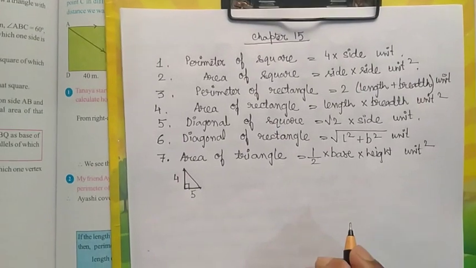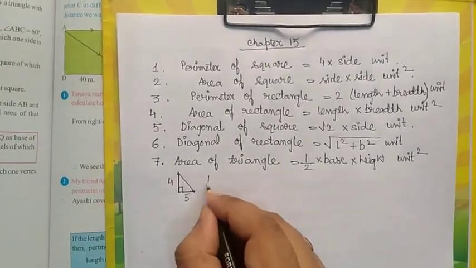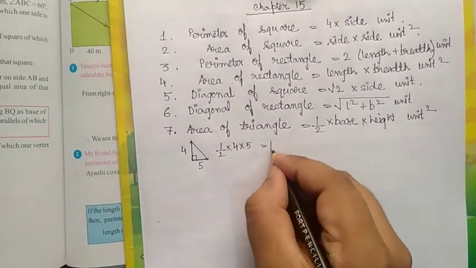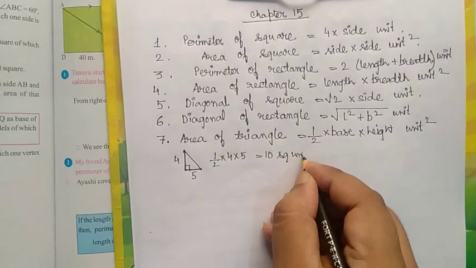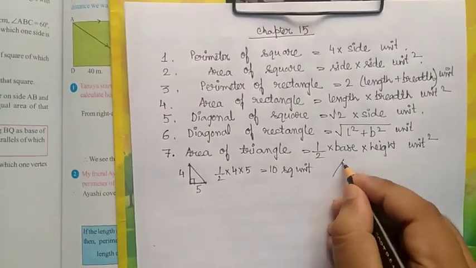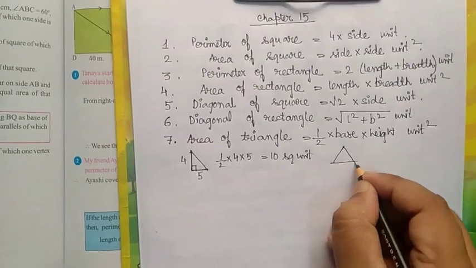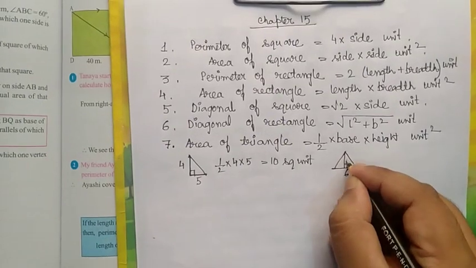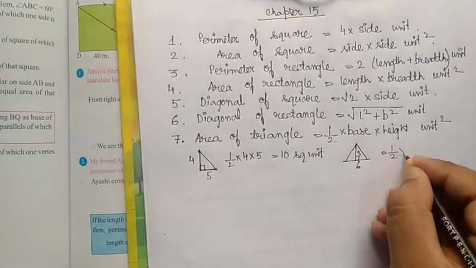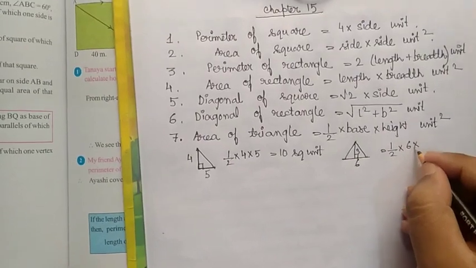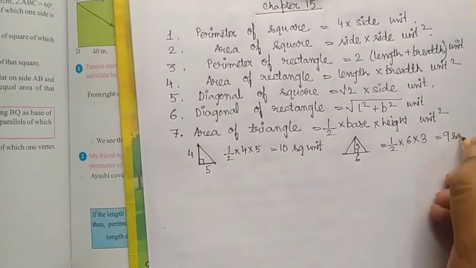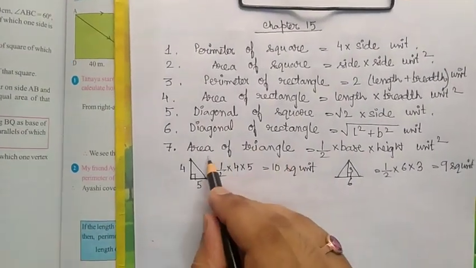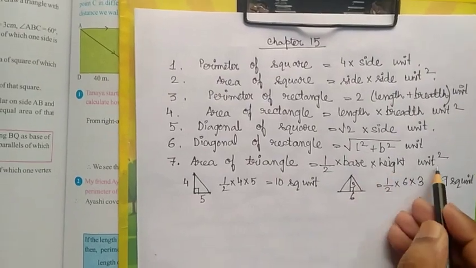We can find the area: half into 4 into 5 equal to 10 square unit. Or suppose this is a triangle, we know only the base is 6 and a perpendicular is drawn on the base, which is 3, so therefore half into base into height is 9 square unit. This type of sum we can do by using this formula, area of the triangle half into base into height.